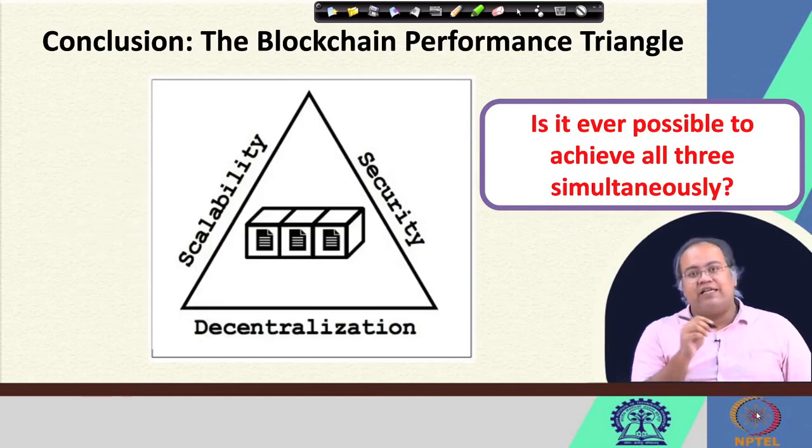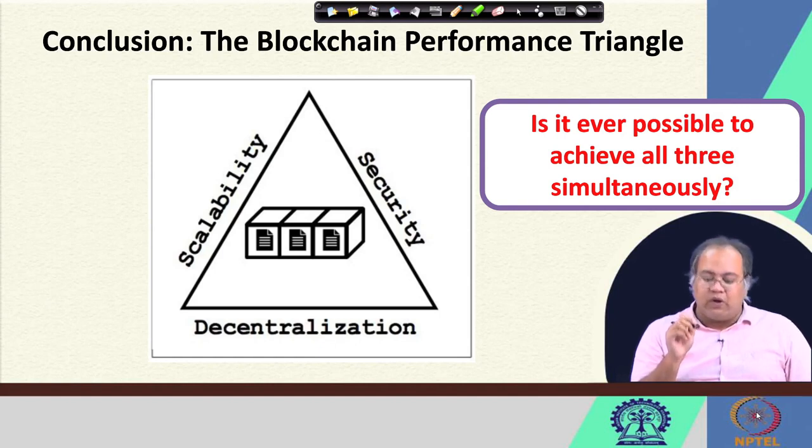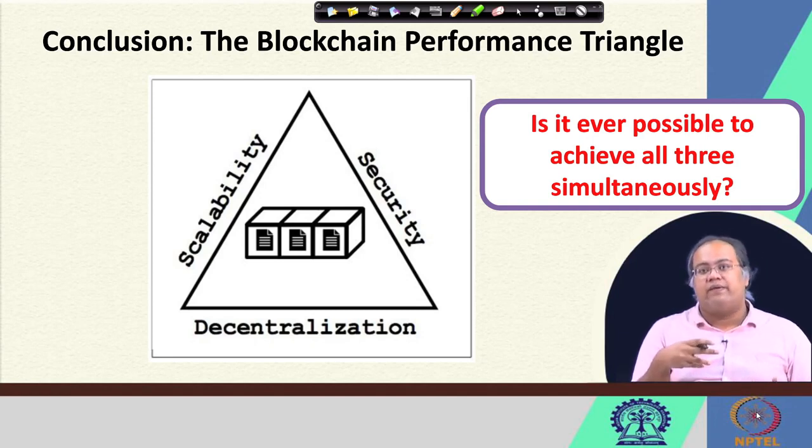Now, this is the interesting stuff. If I look into the aspect of blockchain consensus, we call this the blockchain performance triangle. I have 3 parameters: scalability, security and decentralization, and these 3 have a trade off with each other. At least with the protocols that we have discussed till now, up to ByzCoin, they have not been able to satisfy all 3 together.